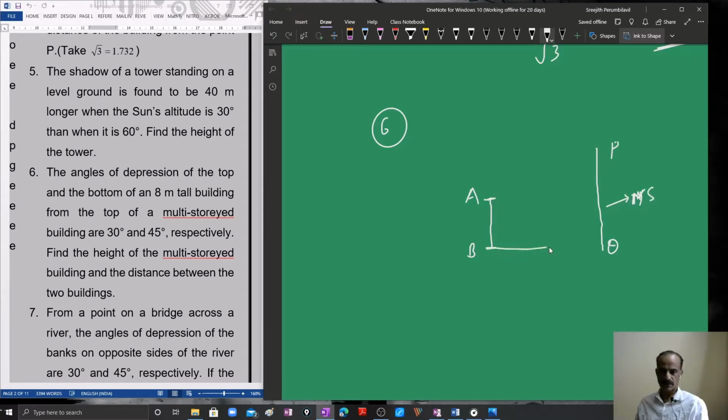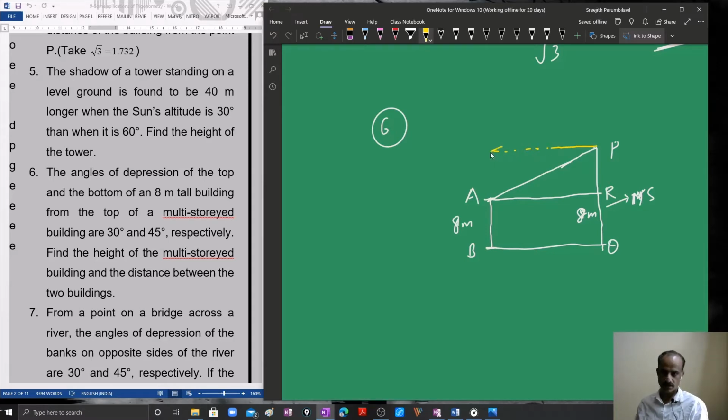The angle of depression from the top of the multi-story building to the top and bottom of the 8-meter tall building. So this height is 8 meters, QR. The angles of depression of the top and the bottom are 30 and 45 respectively.